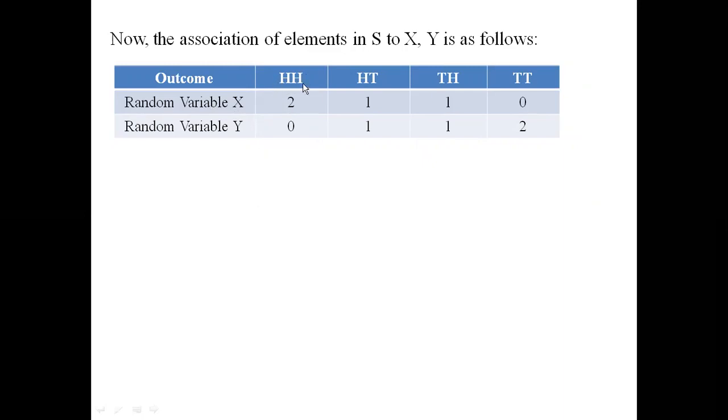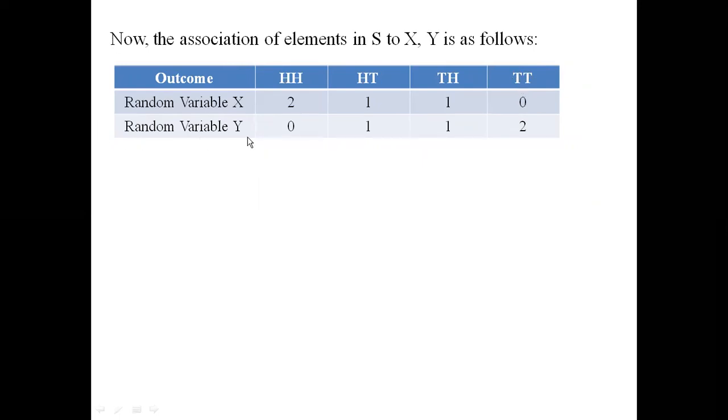So there are two heads in the first outcome. That is why the number associated with this is 2. HT, number of heads in this is 1. Number of heads in the third outcome TH is also 1. Number of heads in the last outcome is 0. There is no head here. Both are occurring as tails.